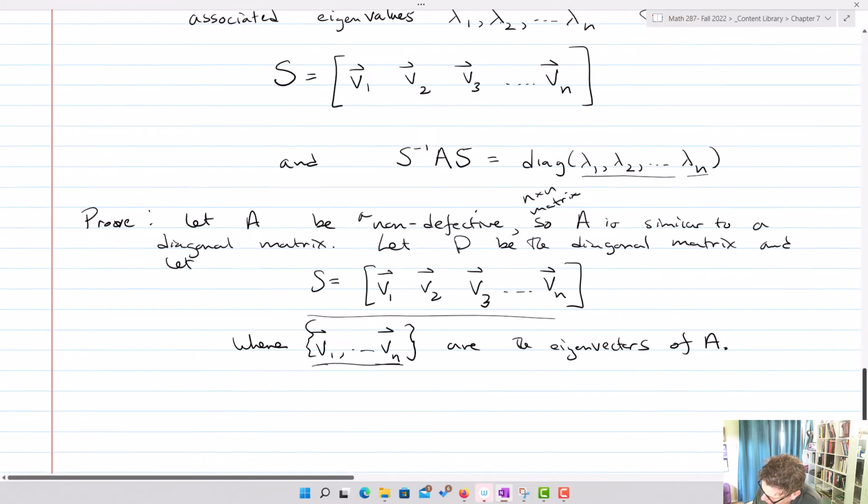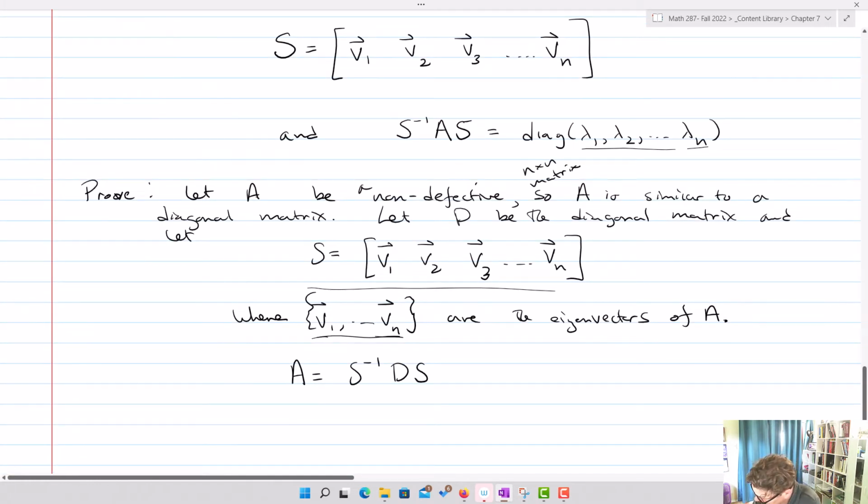So now I'm going to say that A equals S inverse DS, and consequently A is similar to a diagonal matrix.